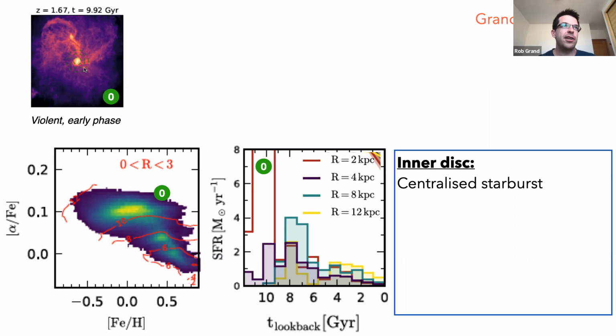Firstly, in the first snapshot here, the first moment in this buildup, we have this violent early phase where there's a gas-rich merger, like the Gaia-Enceladus, for example, and that creates this burst of star formation. You can see in this middle panel, this red line in the inner galaxy, a peak in star formation, which creates our high alpha sequence in the chemical abundance plane. These red lines are age contours, so you can see roughly what ages these stars are.